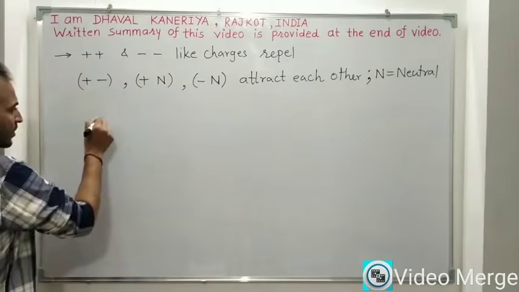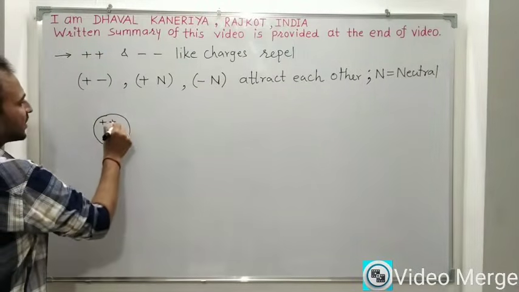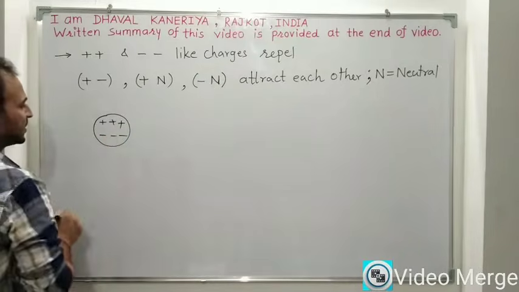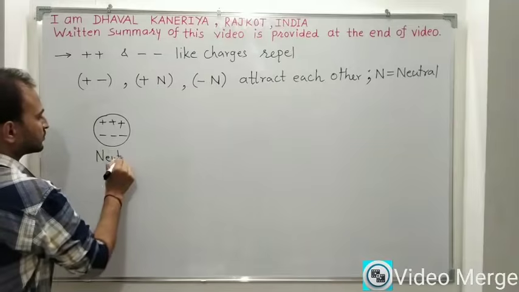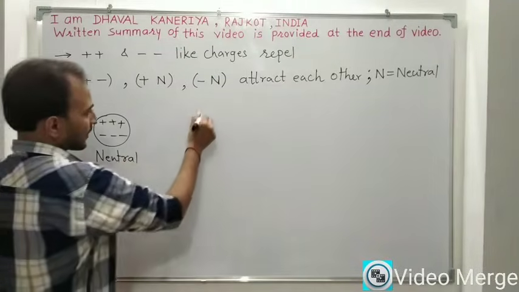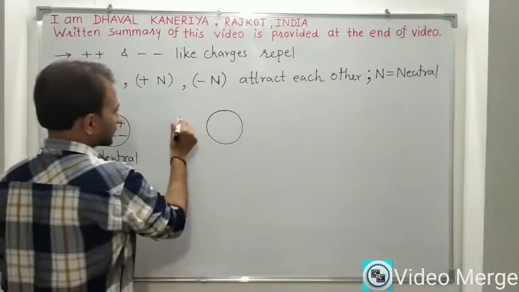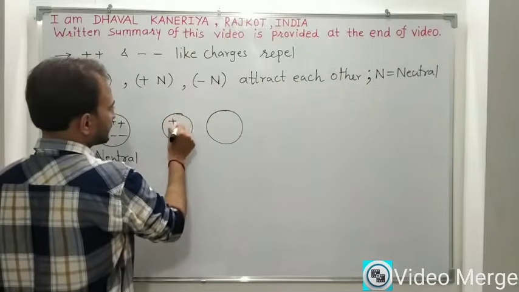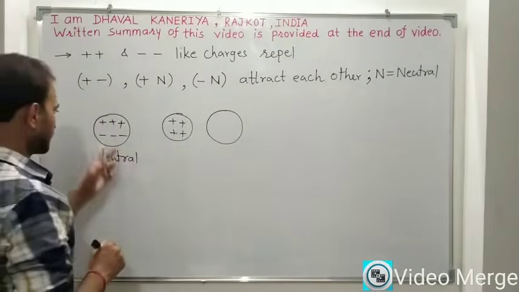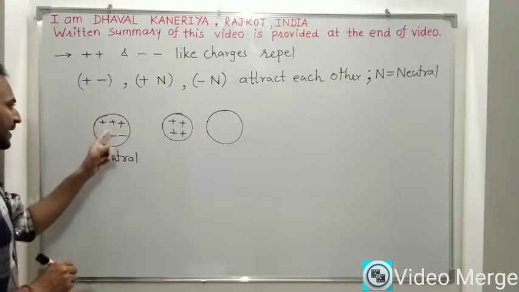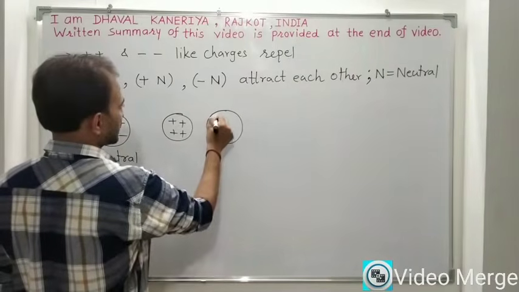How? Plus plus plus, minus minus minus. A neutral body. Now, a charged body, plus plus plus plus, is brought near it. So these positive and negative charges will rearrange, will separate.